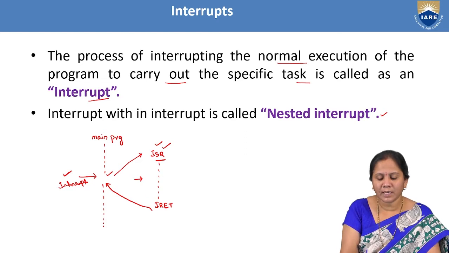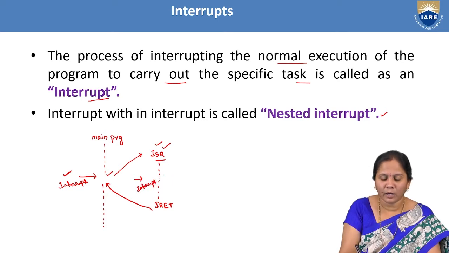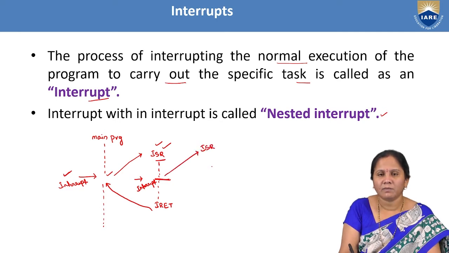When the processor is executing this interrupt service routine, if another interrupt comes in between, the control stops executing the instructions and again branches to the interrupt service routine, and again executes it.